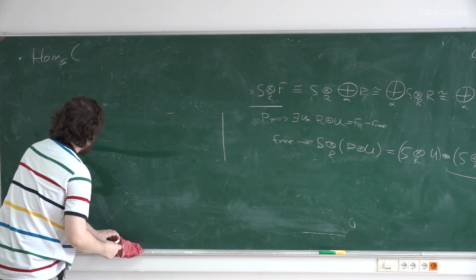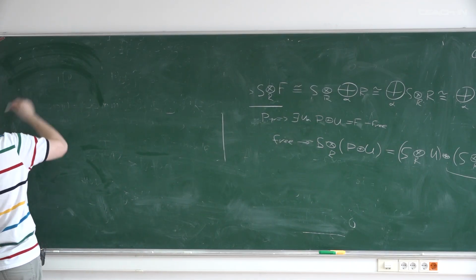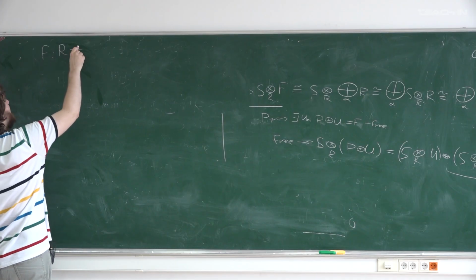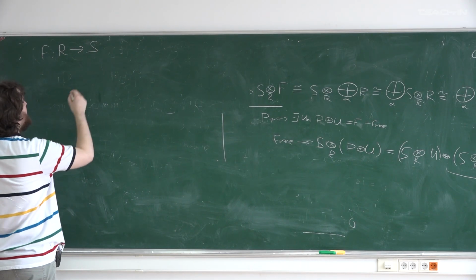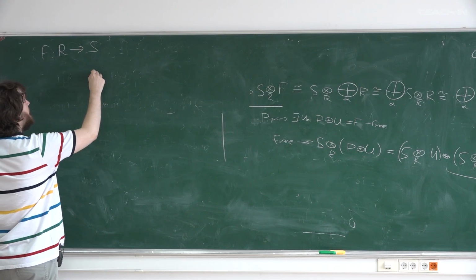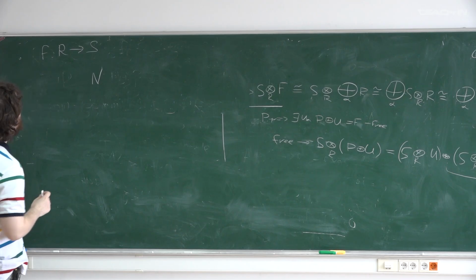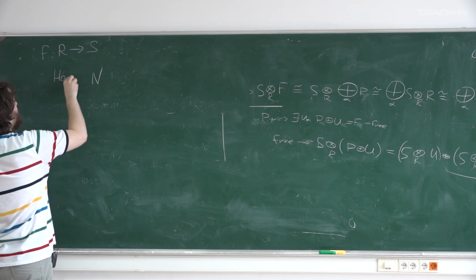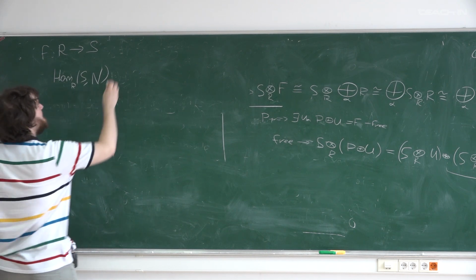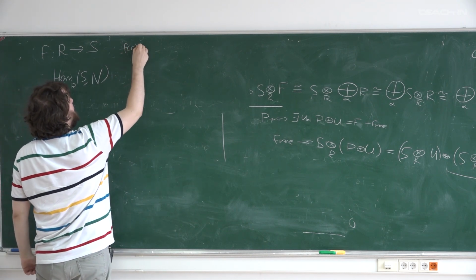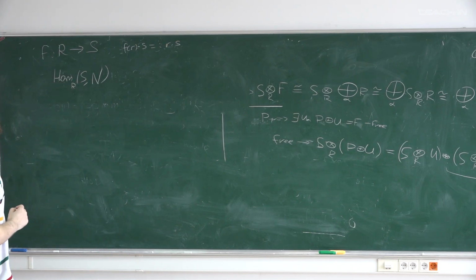Again, I have some ring homomorphism from R to S. Ring homomorphism, change of rings. I have some left R module N. I can consider Hom over R from S to N. I consider S as a right R module by the definition of multiplication by R from the left.